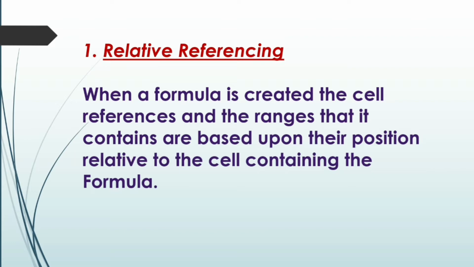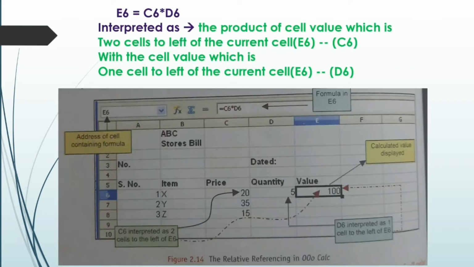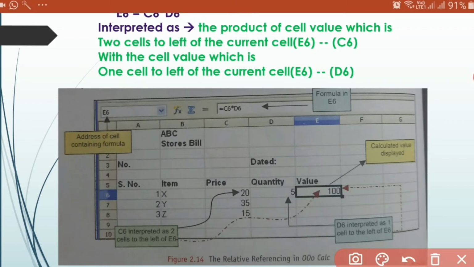When a formula is created, the cell references and the ranges that it contains are based upon their position relative to the cell containing the formula. For example, in the formula E6 = C6 * D6, if in the cell E6 we write the formula C6 * D6, this formula is interpreted internally in terms of position of the participating cells, that is C6 and D6, related to the containing cell of the formula.